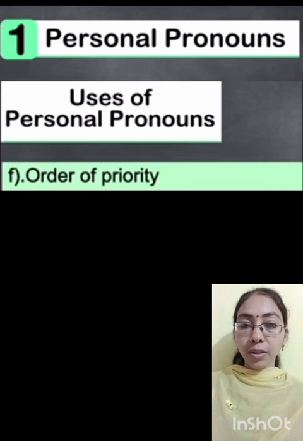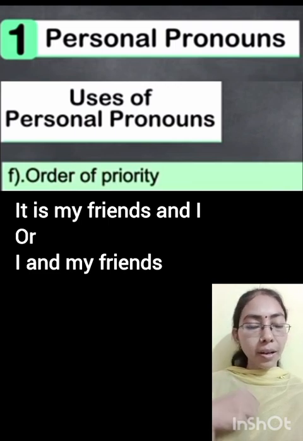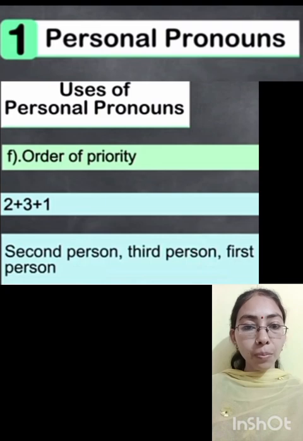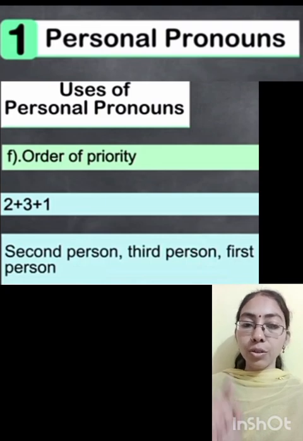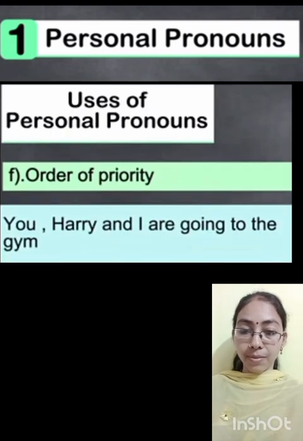Now I am going to tell you about order of priority. Is it my friends and I, or I and my friends, who come first? Now remember this, the order of priority for pronouns is 2, 3, 1. The second person followed by the third person followed by the first person.